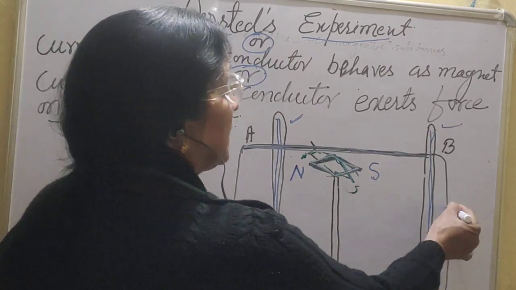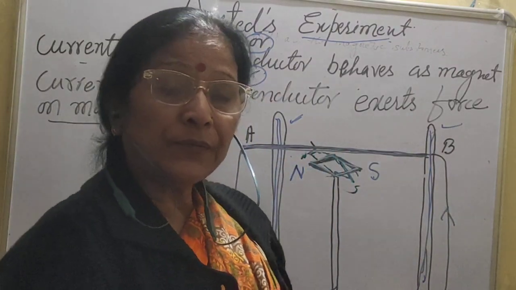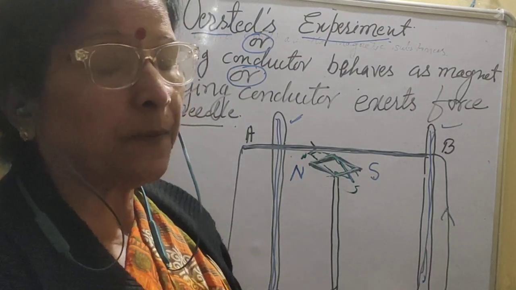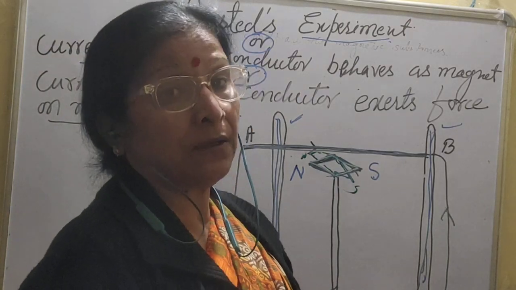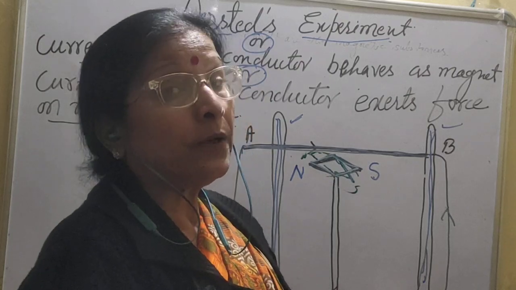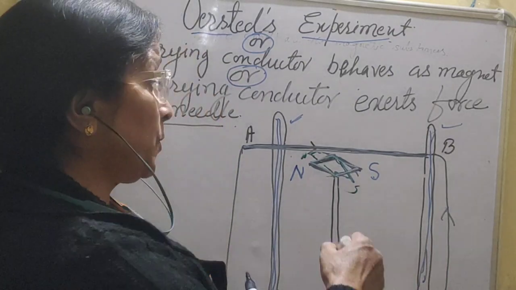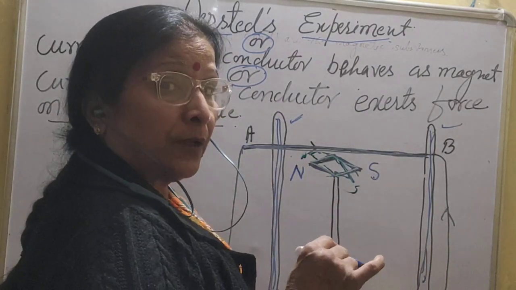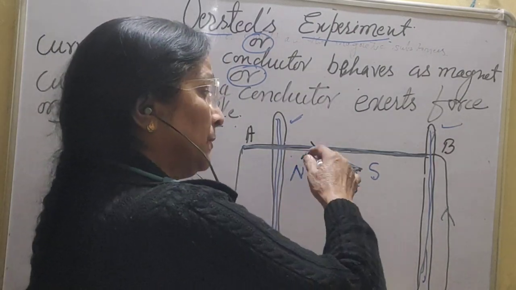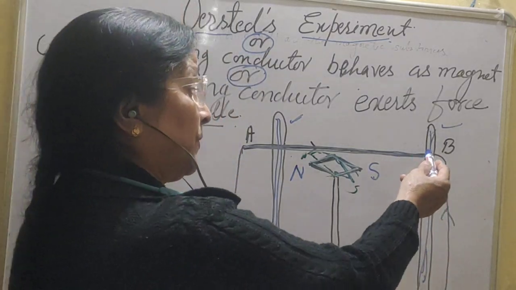So now the current will flow from B to A, and when we switch on the current, again we find that the magnetic needle aligns itself perpendicular to the conductor, but the direction of motion of the magnetic needle's north pole will be opposite to that in the previous case. When the current was flowing from A to B, the deflection of the north pole of the magnetic needle will be the reverse of that when the current flows from B to A.